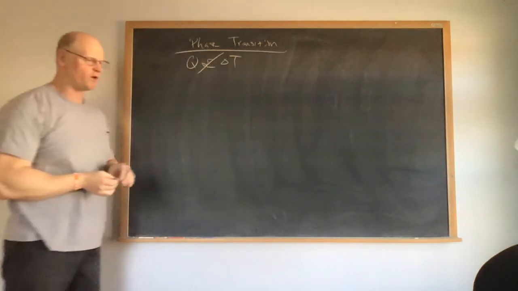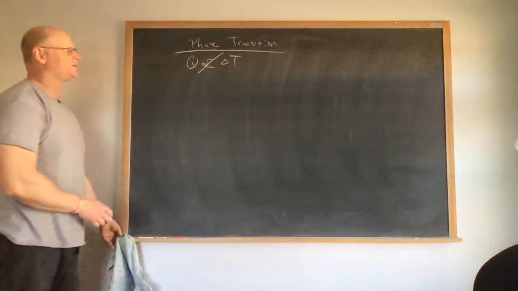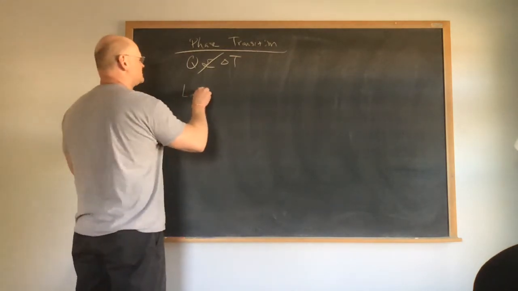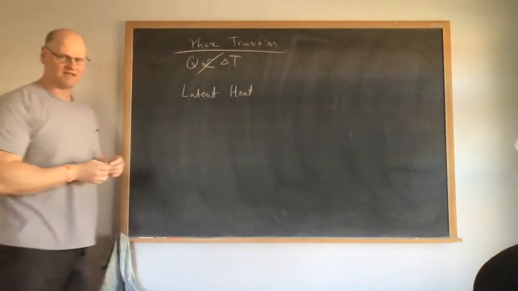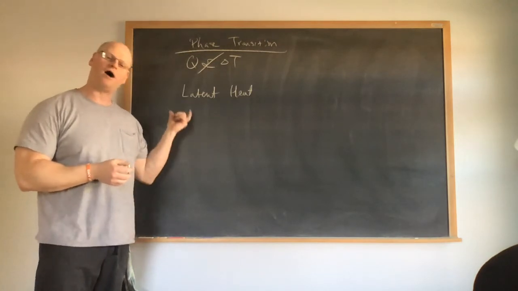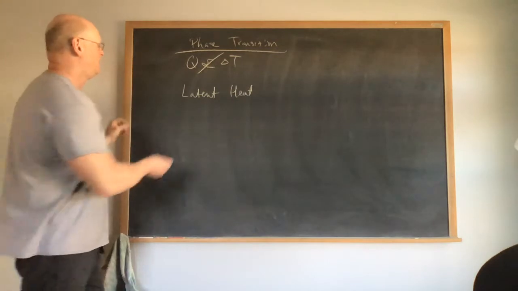This is not true anymore. So specific heat doesn't apply anymore. So basically we have to come up with something else. That something else is what's called latent heat. Latent heat is the heat while the substance is undergoing the phase transition, meaning while the potential energy is changing, not when the kinetic energy is changing.